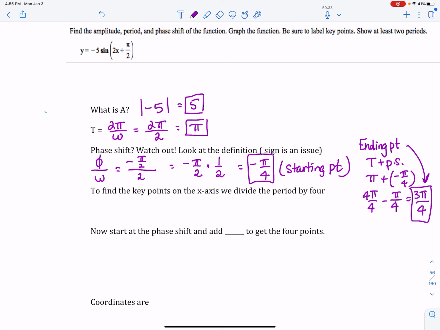So once again, if you ignore the phase shift, my 4 key points, I would take pi and I divide it by 4, and that would give me my first point, because I take the period, divide it by 4 equal parts, right? So the second one is going to be 2 times that value, which is going to give me pi over 2.